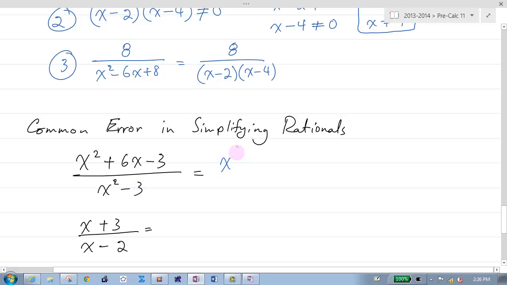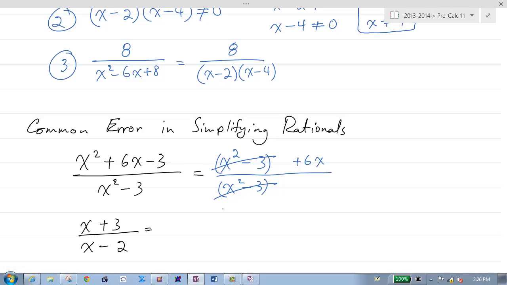It's very common to see that people write it as x squared minus 3 plus 6x, and then x squared minus 3, and then cancel this out. This is an error. Why is this an error? Because they're not factors. These are separated by plus and minus. So if they're separated by plus and minus, they're not factors. They cannot be canceled out, right? So this is a common error, and we see it all the time.